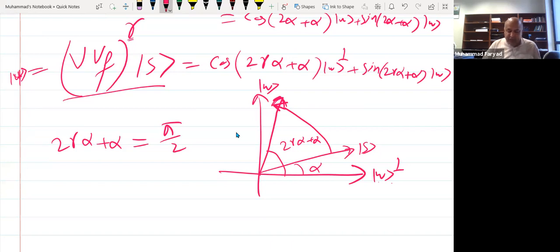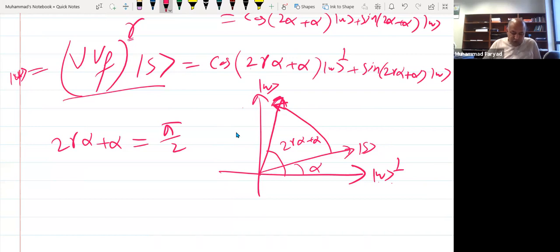But in general, it cannot be completely aligned, right? Because when we start with S, this alpha may not be such that 2R alpha plus alpha becomes exactly pi by 2. So this alpha could be a number such that if we add 2R alpha, we might end up here or here on this side.